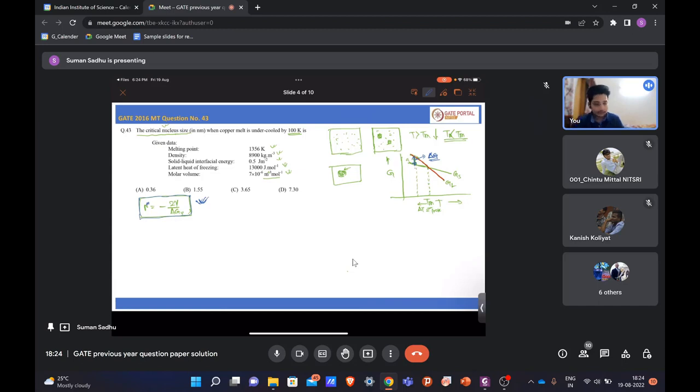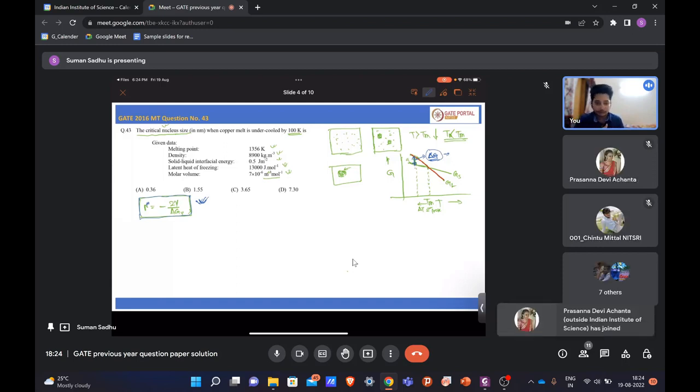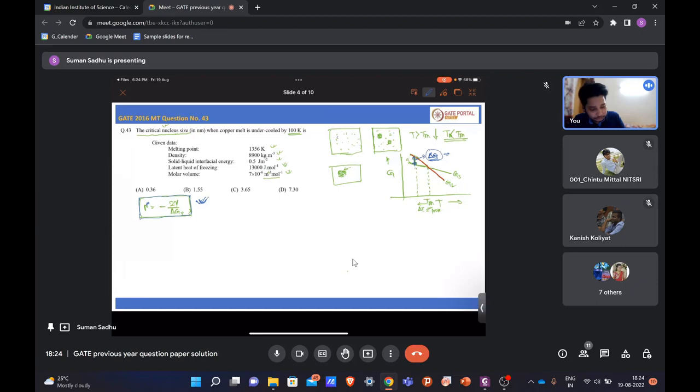As I mentioned, delta G is the driving force for the solidification, and it will assist the solidification process. But when solidification occurs, initially everything was liquid, right? Now, when one solid is forming, a new solid-liquid interface is forming.